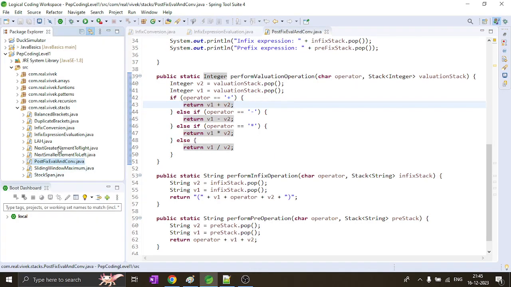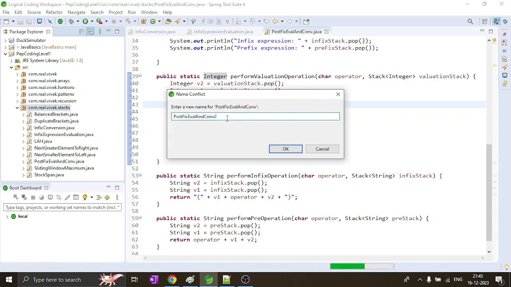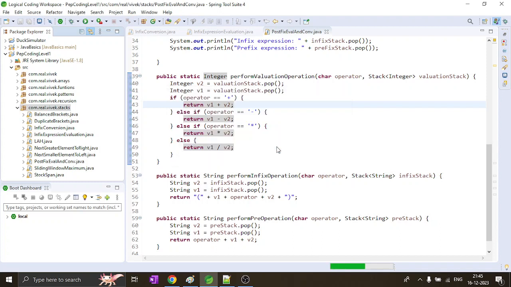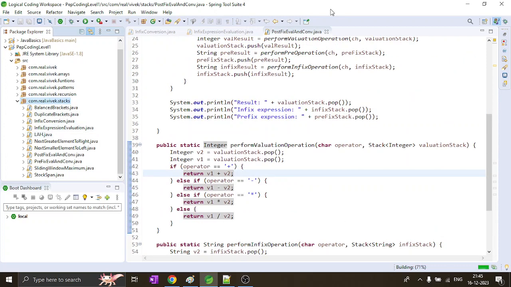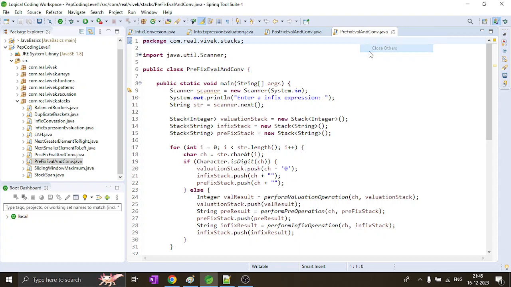So I'll use this code which we have already written for postfix evaluation. I'll just make a copy of this class and name the new class as prefix eval and conversion. Only difference is we'll have prefix operation here.